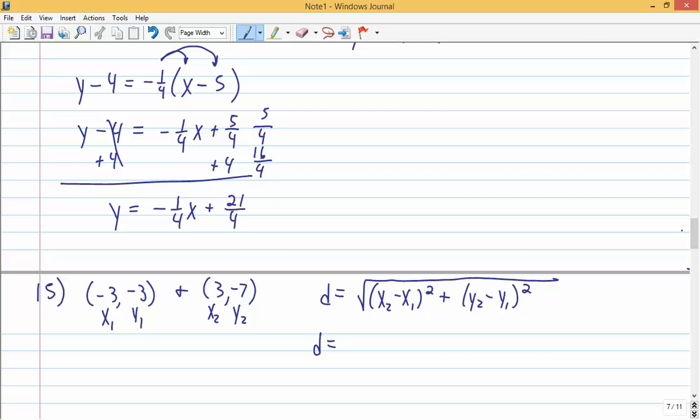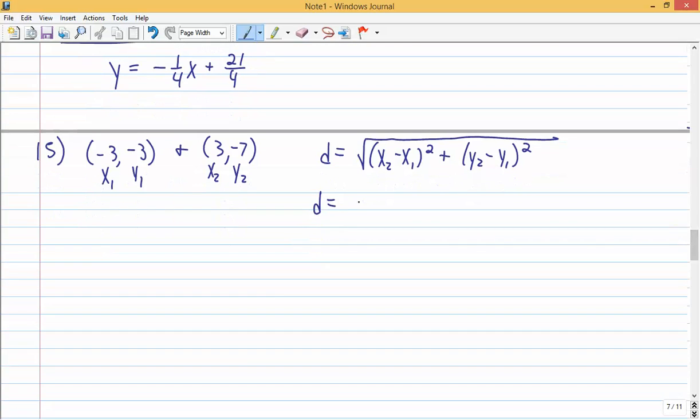So the distance is the square root of x sub 2 is 3 minus x sub 1 is negative 3 squared plus y sub 2 is negative 7 minus y sub 1 is negative 3 squared.